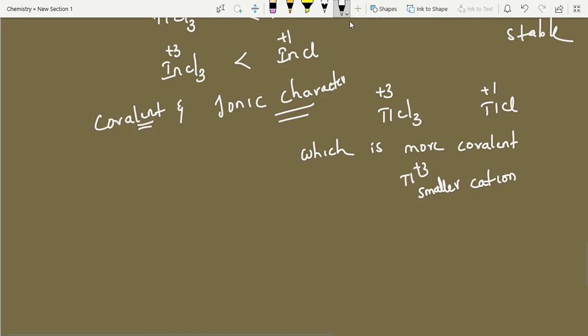And where the metal lost more electrons, it is a smaller cation. What happened? More polarizing power. If it has more polarizing power, more covalent. If you need more explanation, please watch our video, chemical bonding, covalent character and ionic character. Easily you can solve the question.